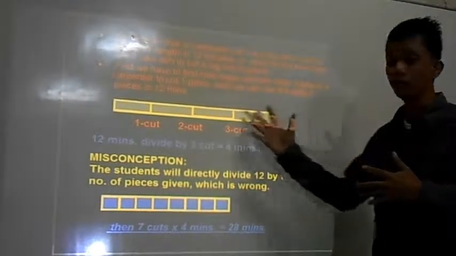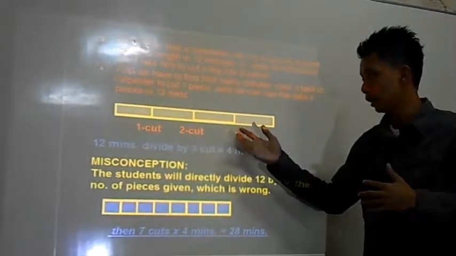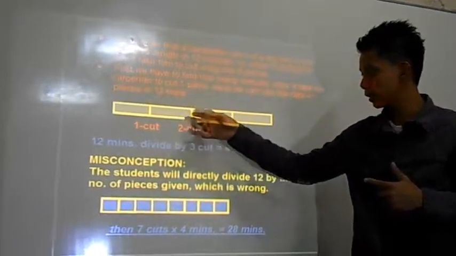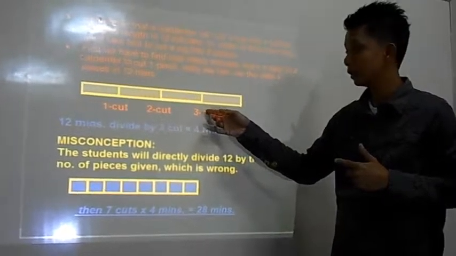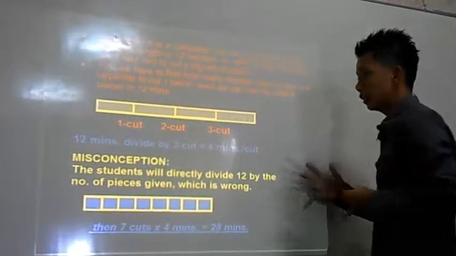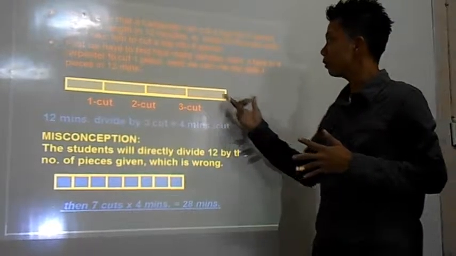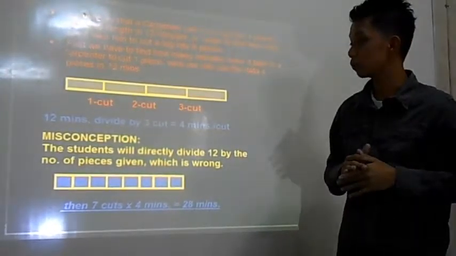How many cuts is it, by the way? If you count, this is the first cut, second cut, third cut. And if you count 1, 2, 3, 4, it means that if you just cut 3 times, we can create 4 pieces of log.